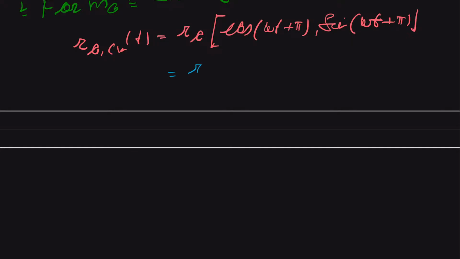This gives us R_A times (minus cos of omega t, minus sine of omega t).